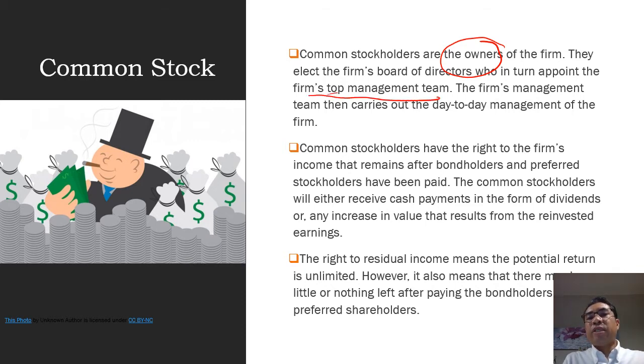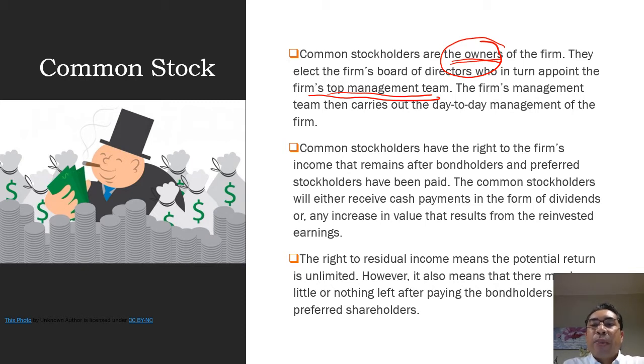Top management will then oversee the day-to-day management of the firm. So number one, the common stockholder is the owner of the firm. That's why the objective of the firm is basically to maximize the owners' or shareholders' wealth.